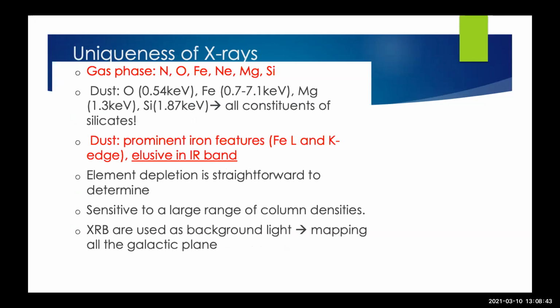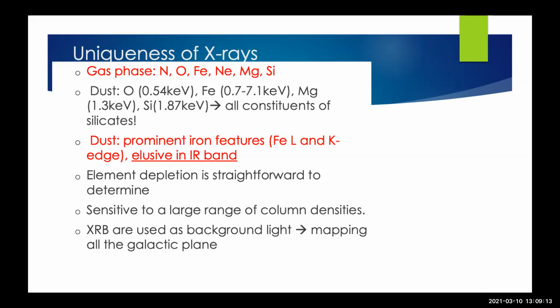And luckily, many of these elements are included in dust. So in the X-ray band, we have direct access to the features of oxygen, iron, magnesium, and silicon, all located in the soft X-ray band, except for the iron K. These are the main constituents of silicates. So studying dust in the X-ray band actually means studying the silicate content of the ISM.